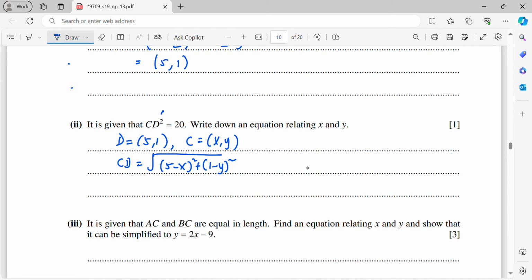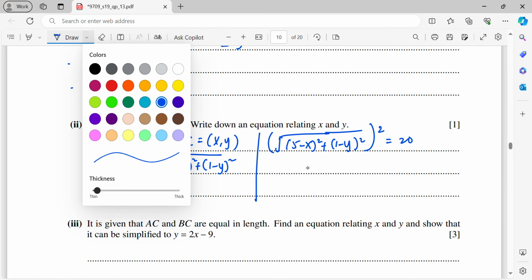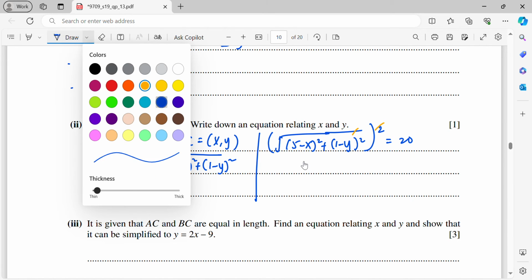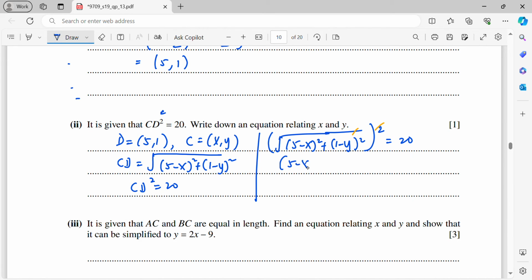Since CD squared equals 20, that means the square root of (5 minus x) squared plus (1 minus y) squared, then I square it, equals 20. The square and square root will cancel off. Then I will be getting (5 minus x) squared plus (1 minus y) squared equals 20. So that is the equation.